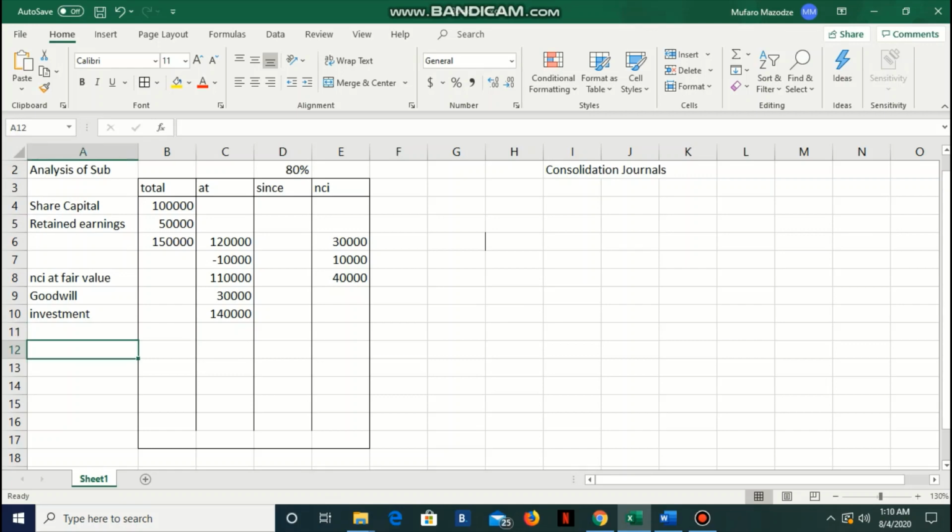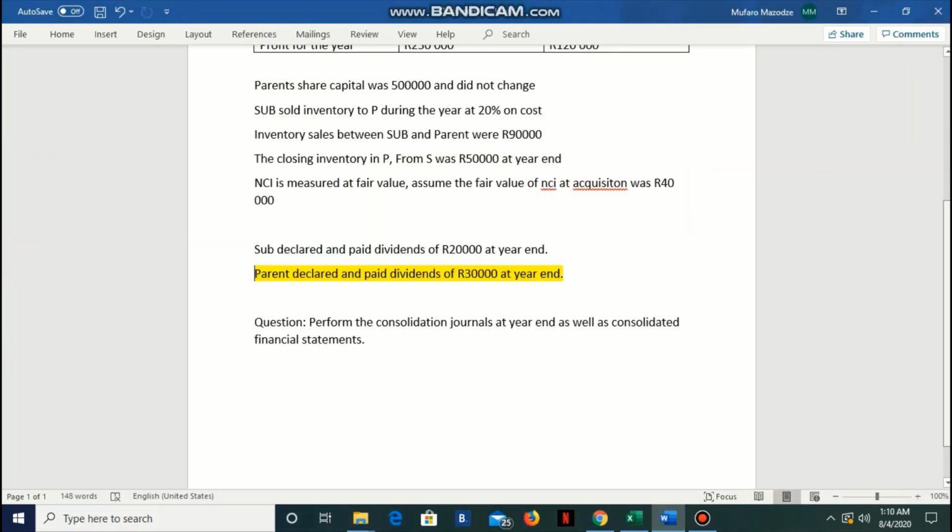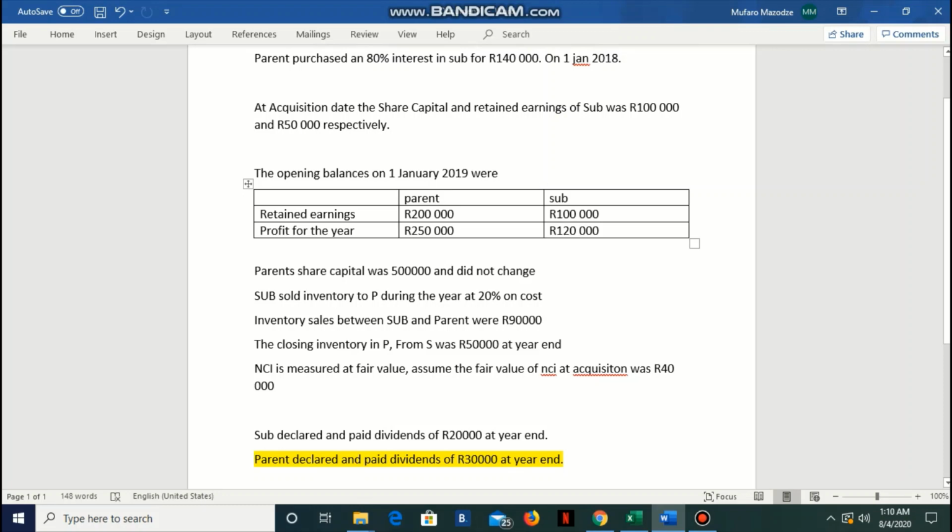Then you need to analyze what happened since acquisition, and in this case you just look at the retained earnings. To look at what has happened since acquisition, we basically stand at the beginning of our current year. We're busy doing the year ended 31 December 2019, and we said that the opening balance is going to be 100,000 for retained earnings.